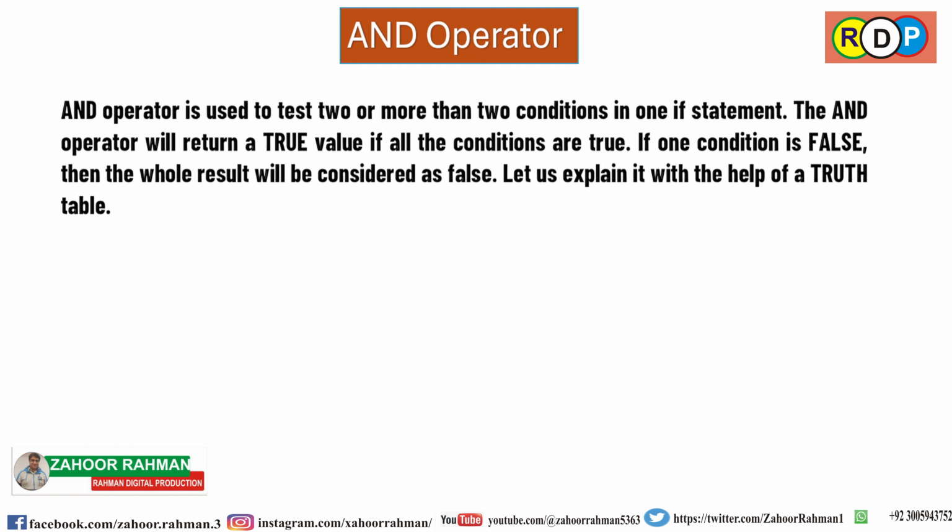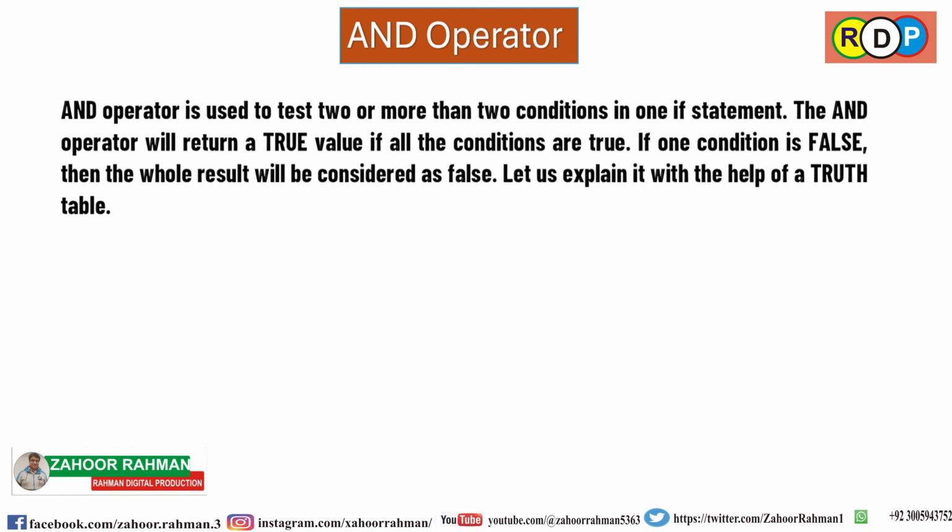The AND operator will return a true value if all the conditions are true. If the first condition is true, and the second condition is true, and the third condition is true, and so forth, the whole result will be considered as true.